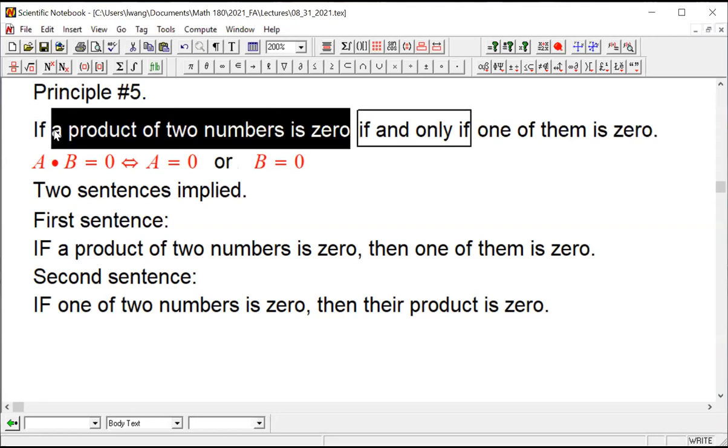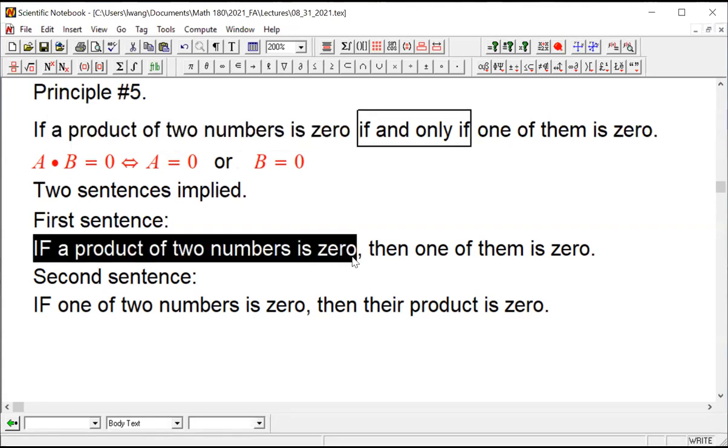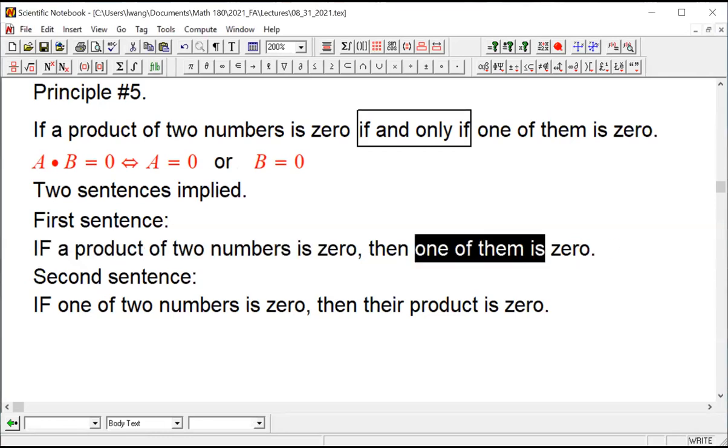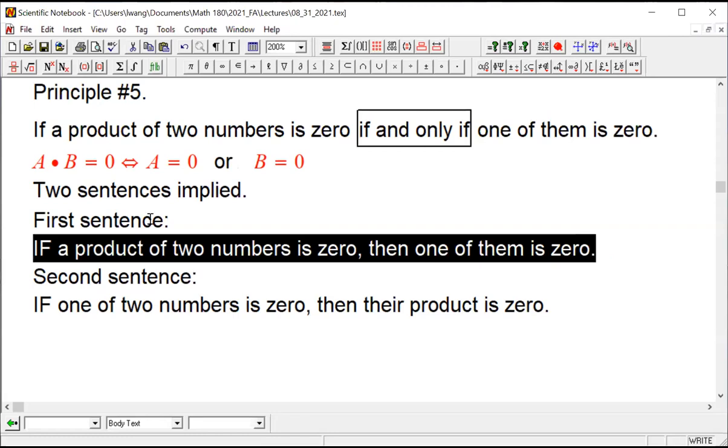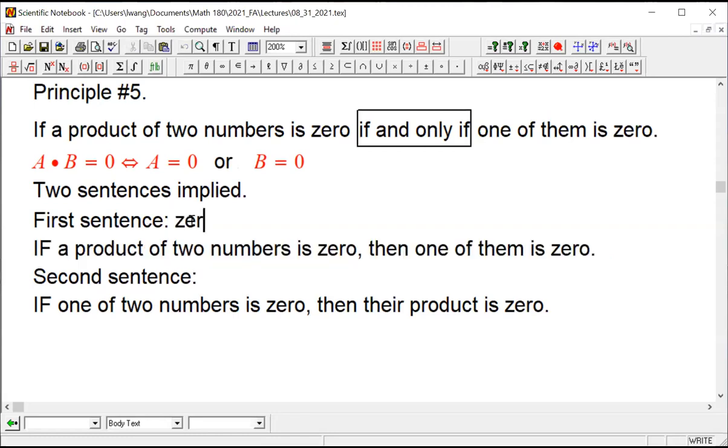You guys know that a condition is a condition, a conclusion is a conclusion, right? If we have the condition that the product of two numbers is 0, then one of them must be 0. This is the part you guys use a lot, and it's called the zero product property in algebra classes.